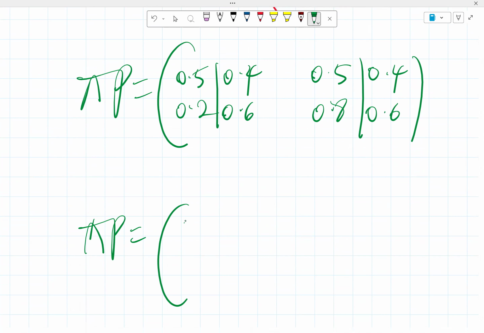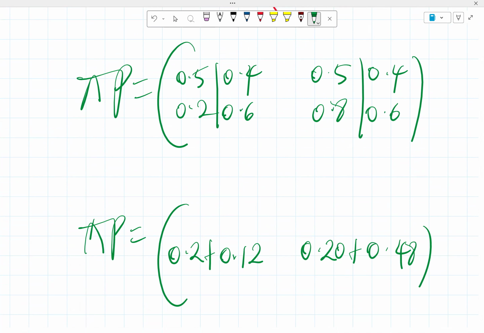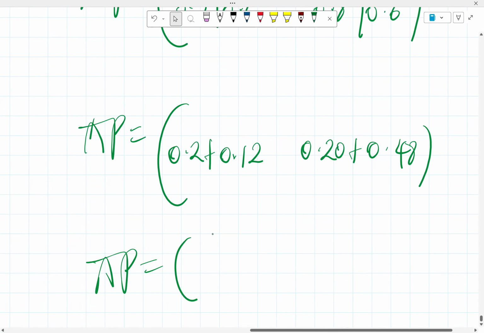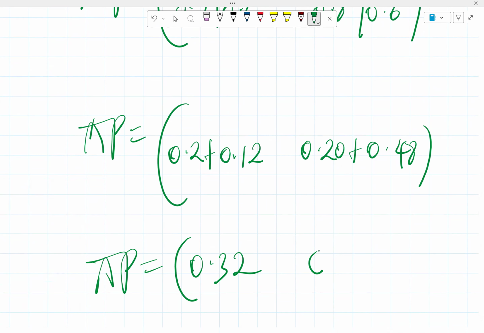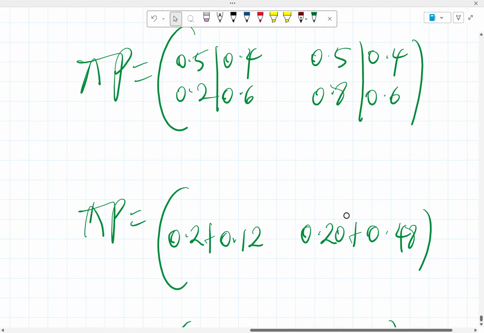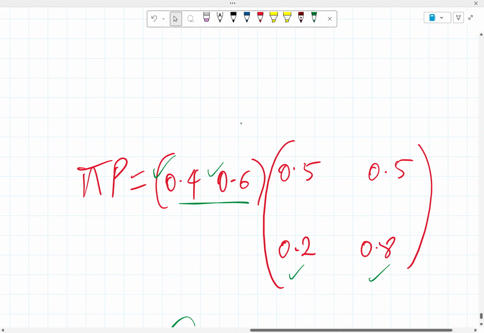That's 5 times 4 is 20, two decimal places, so 0.2, plus 0.12. That's 2 times 6, 12, two decimal places. Then again, 0.2 plus 0.48, since 8 times 6 is 48, two decimal places. So when you add these together, pi P is equal to 0.32 and 0.68. Well, this is not equal to pi because pi is 0.4 and 0.6.